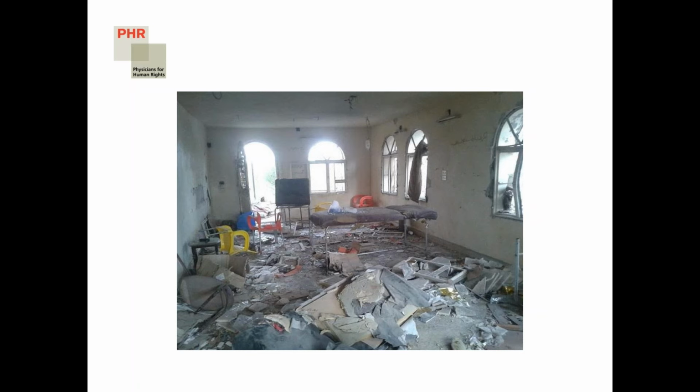So at Physicians for Human Rights, we decided to do research into this to try to figure out basically how widespread this was happening. And we just started looking into what was available online in terms of open source documentation, and we found really a shocking number of reports of attacks on hospitals and killings of medical personnel.